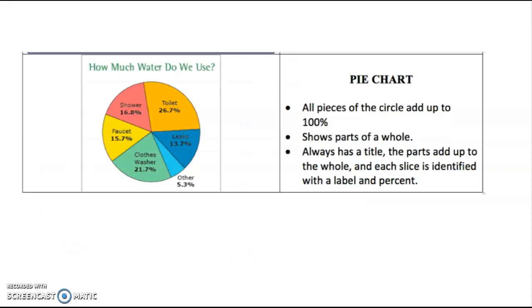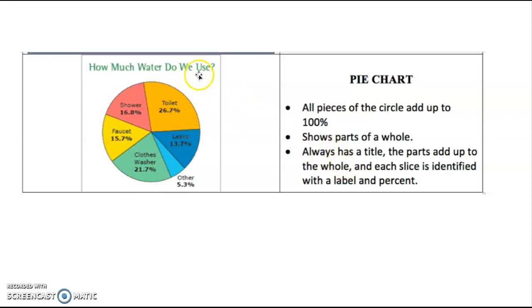Moving on to a pie chart. This shows how all pieces of the circle add up to 100%. So it always shows some kind of a total, and that's why we use this idea of a pie, because the pie shows the 100%, it shows all of it, and then it's divided into different parts, whatever it is you're trying to show. So, parts of a whole.